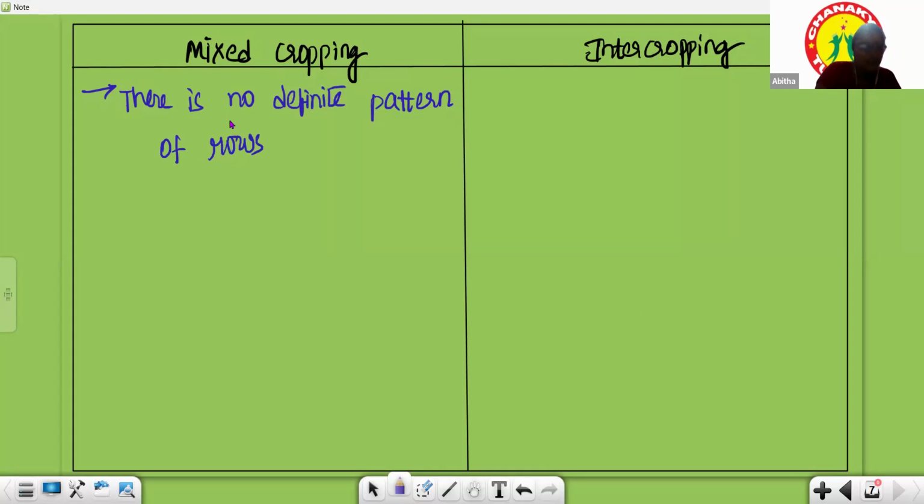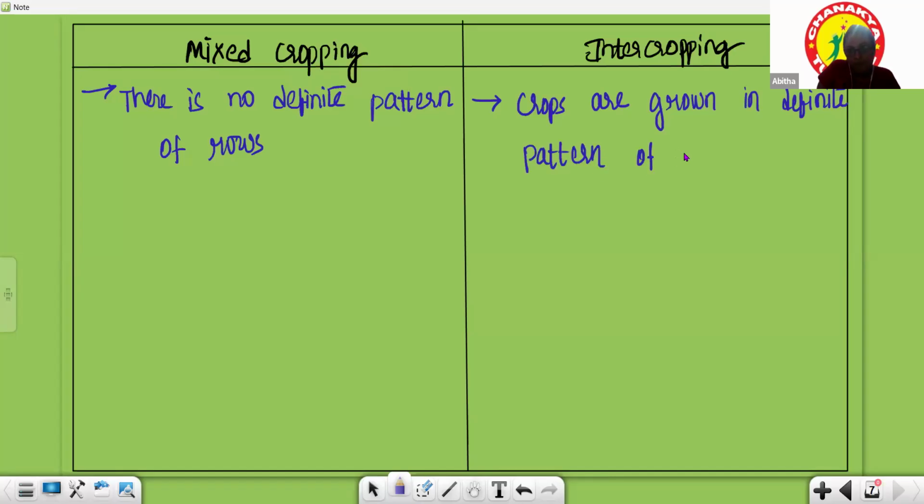That is the first difference we can make here. Coming to intercropping, crops are grown in a definite pattern of rows.